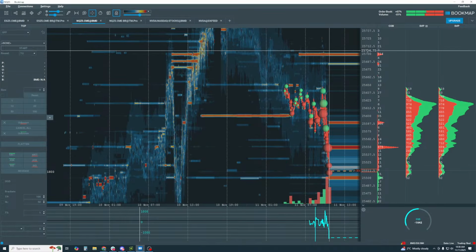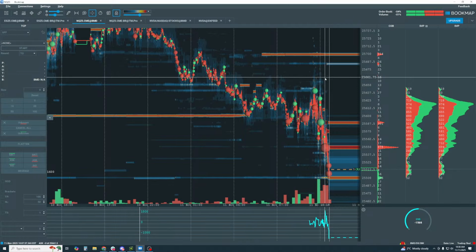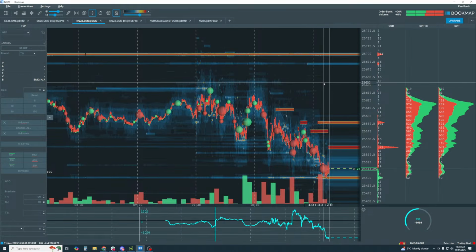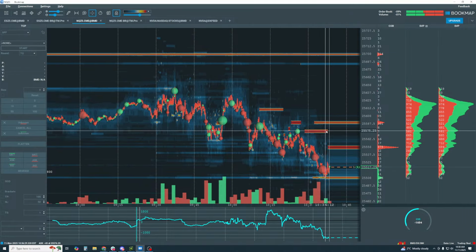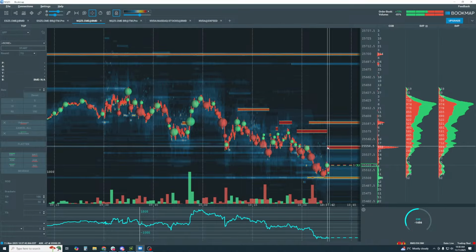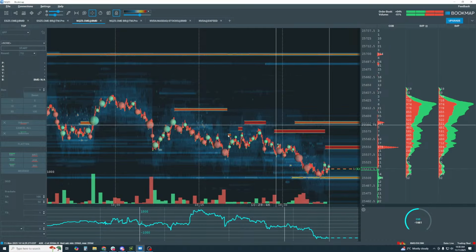So let's zoom out here. Wow. Okay. So I mean, spot on, Repeat. And look at this high liquidity on the offer here. It just continues to lower it here. Large player. No interest in getting filled in here.